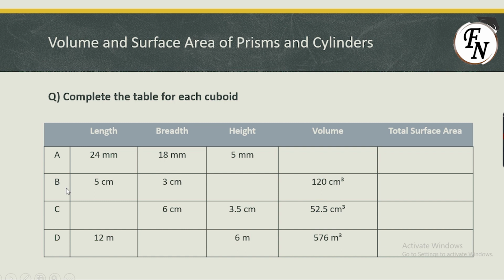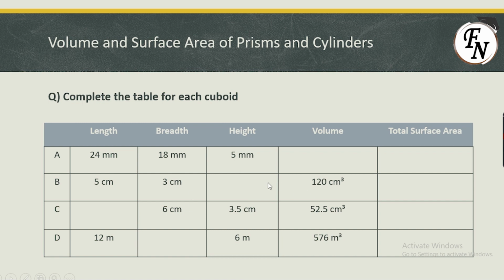In these types of cases, if we have any one dimension missing and the volume or surface area is given, in these cases the volume is given. So first we apply the formula of volume, and we keep the missing dimension as its alphabet, that it can be called h, and then we solve to find h first.